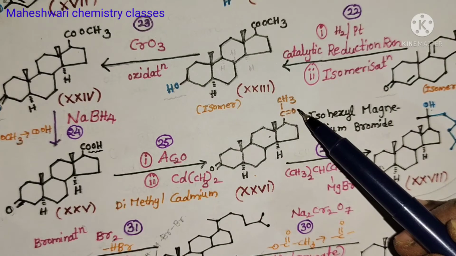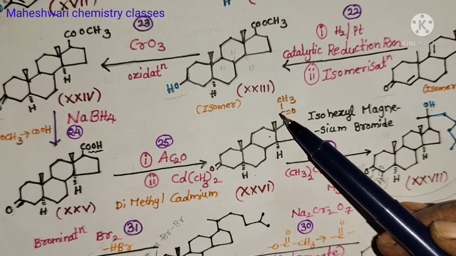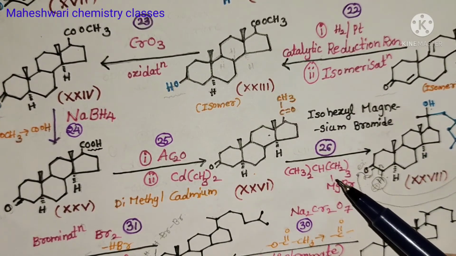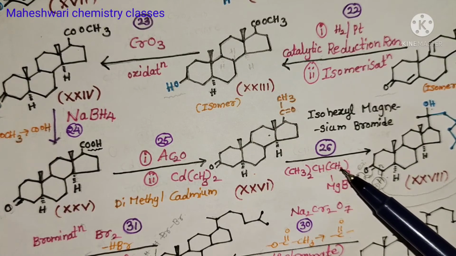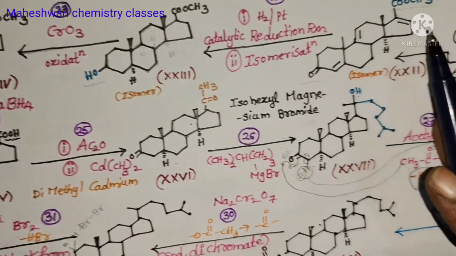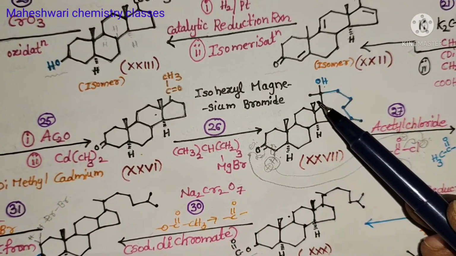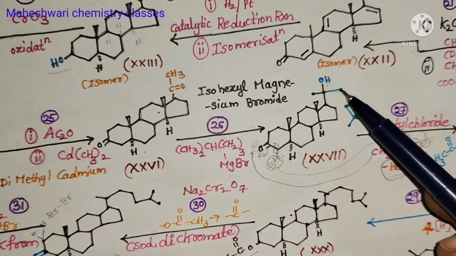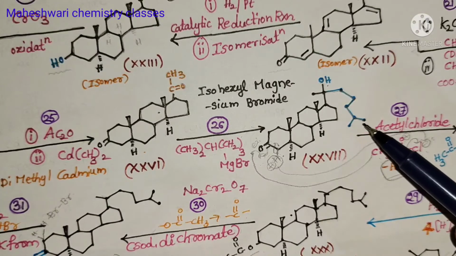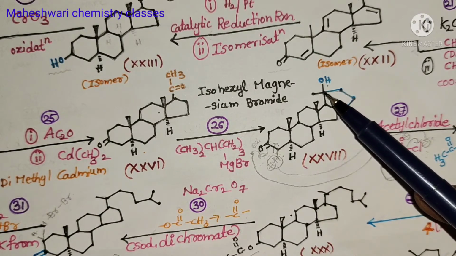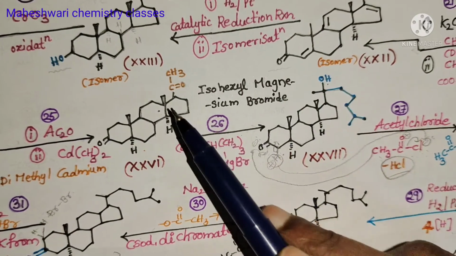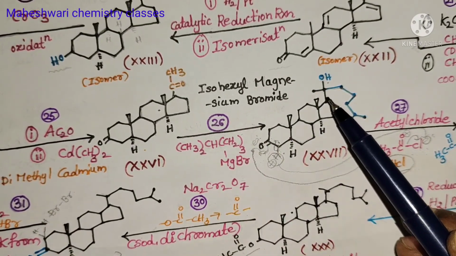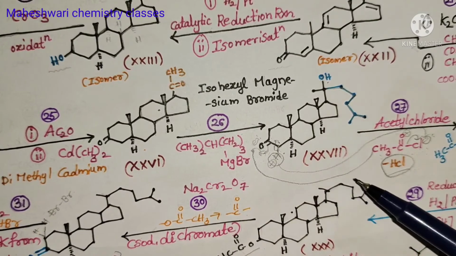This pi bond is rotated towards this side, here minus charge, here plus charge, and the hexyl chain directly attacks here and forms this OH and CH3, same as it is like this. The remaining 6 carbons, 1 2 3 4 5 6, it is iso, right? The isohexyl chain is attacked at this carbonyl place. This is our compound number 27.